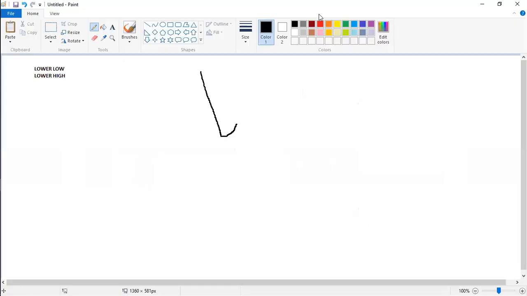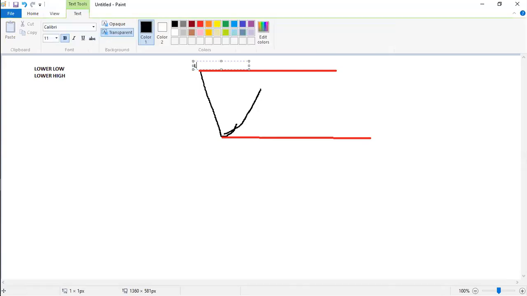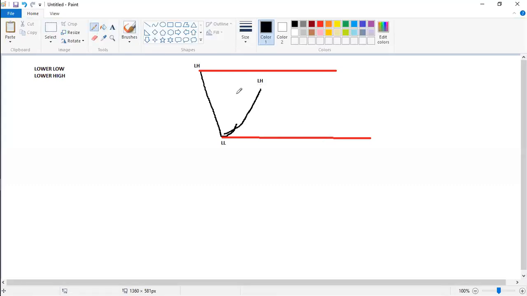So when they make a lower low, just like I taught you in the uptrend, take your trend line and mark the old lower high and the new lower low. Then price goes up to make a lower high. So this was a lower high, and this is a lower low. Then lower high.